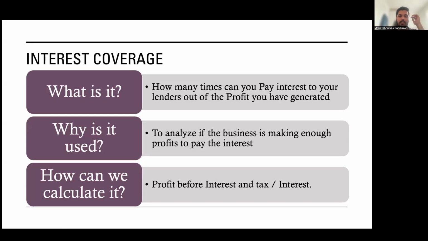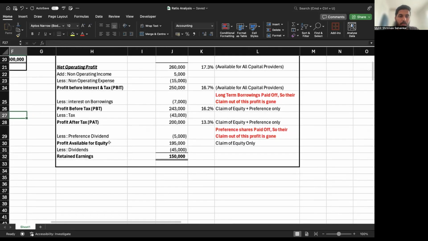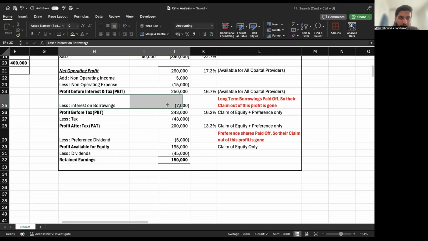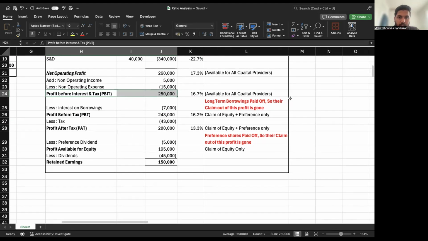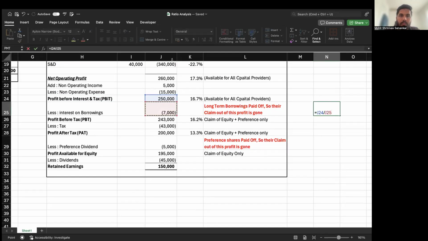Like in this Excel, what is the profit just before paying interest? Here we are paying interest, and this is the profit just before interest. So if I ask you how many times can you pay interest out of this profit, I will take this divided by this, put a minus sign.